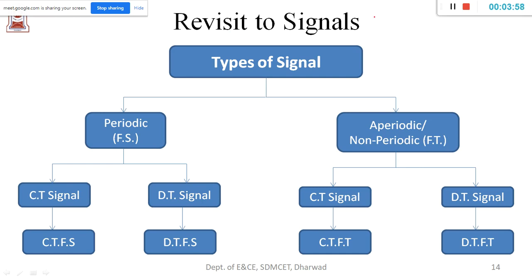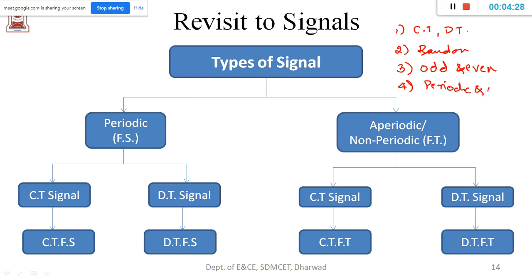In the third semester, in signals and systems, you studied different types of signals: mainly continuous signals and discrete time signals, random signals, and odd signals and even signals. The very important ones are periodic and non-periodic signals. What do you mean by a periodic signal and a non-periodic signal?